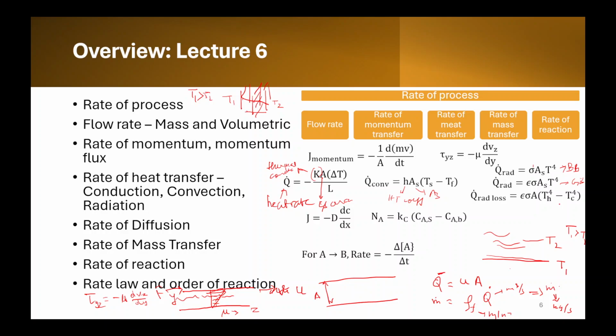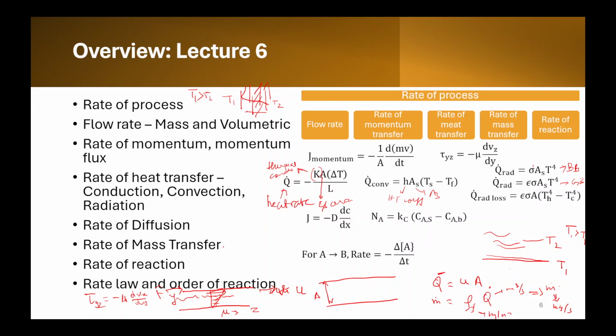It may be transmitted or reflected back. So this factor takes care of that, and again this is multiplied with the radiation for the black bodies. Then the radiation loss is shown here. If there is some radiation loss from a hot to a colder body, the relation for that is given here.